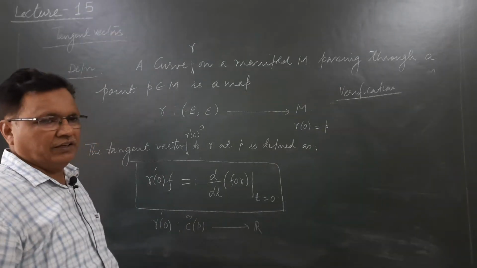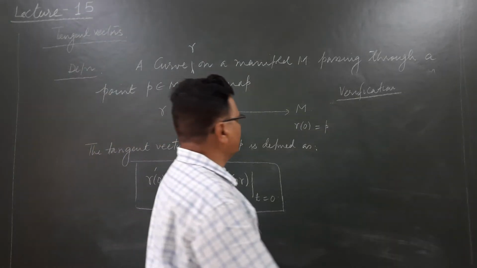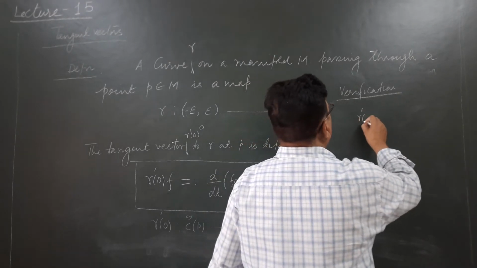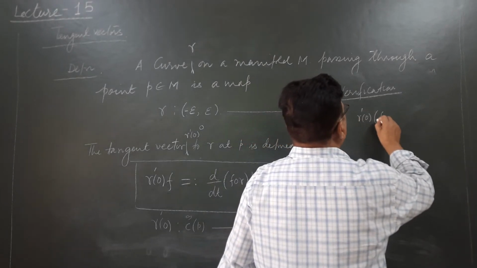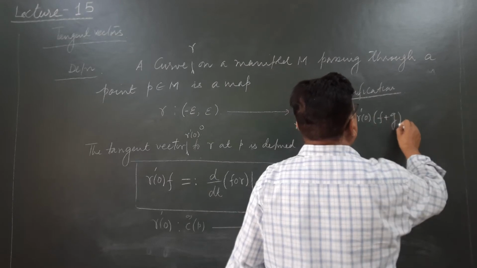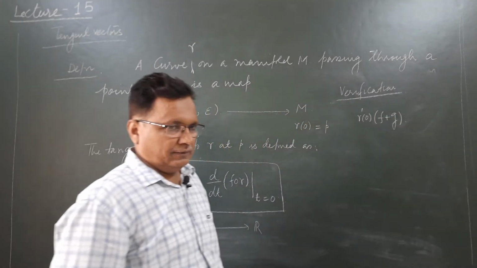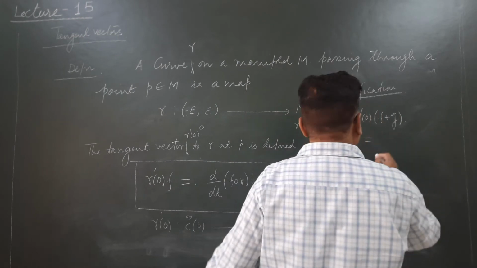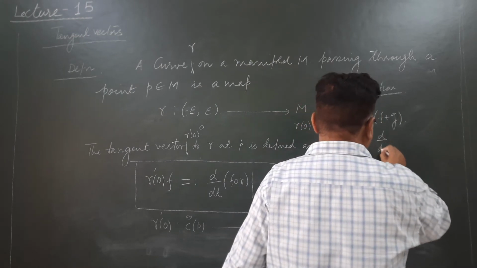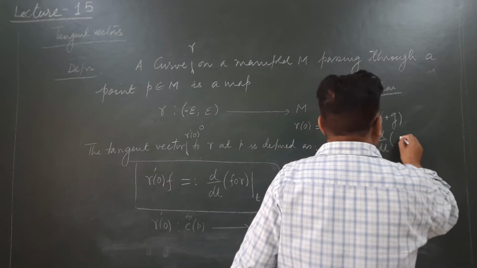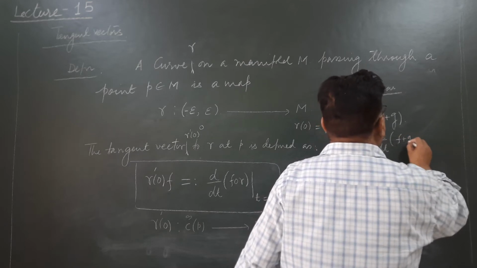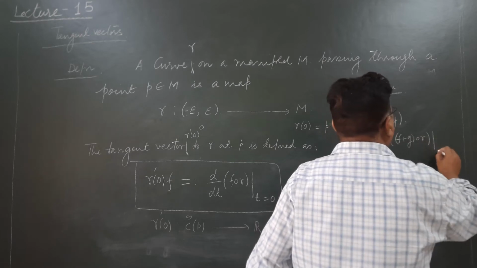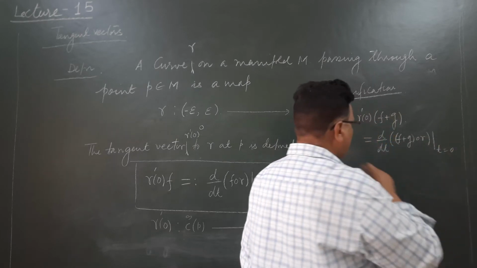The other things we have to check. The first property, defining property is that gamma dash 0 of f plus g, ये देखना पड़ेगा आपको. So let us see. By definition, it is equal to d by dt of f plus g composition gamma evaluated at t equal to 0.